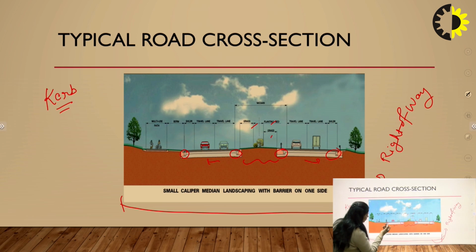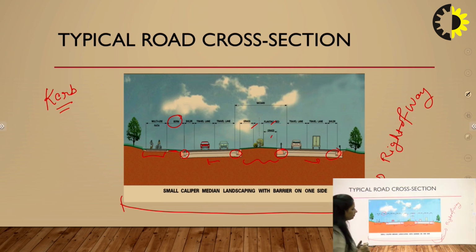Here you can see some extra provisions, some extra land. Afterwards, this portion beside the carriageway can be called the berm, or you can call it the shoulder also. Then there is again a small segment of road called a multi-use path, which can be used by cyclists or pedestrians.